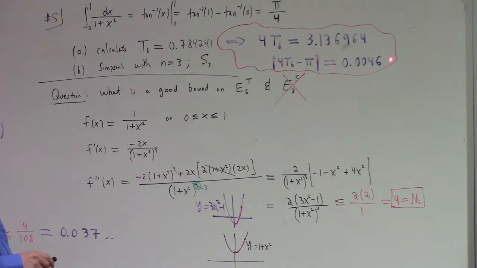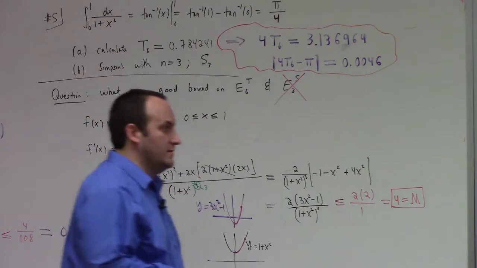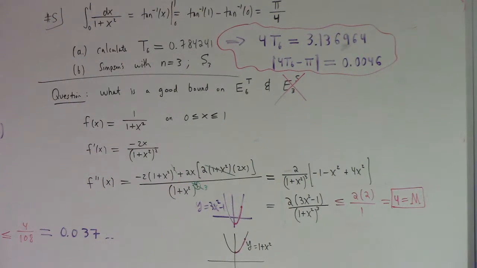As you can see, we are well within the claim of accuracy. In fact, we're closer by about 10 times, right? 0.004 versus 0.03. We actually have one more significant digit than the error estimate says.